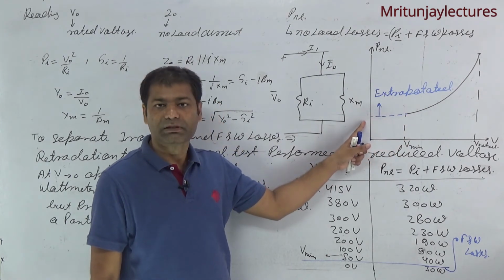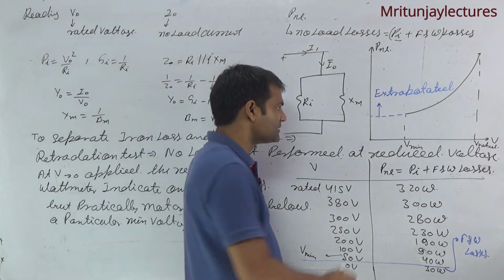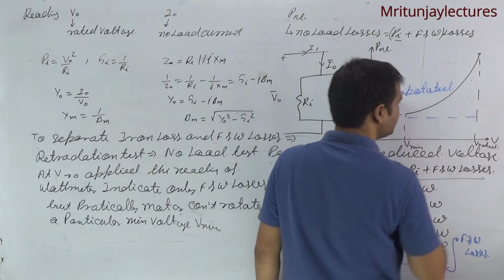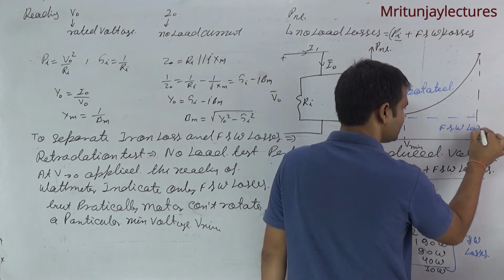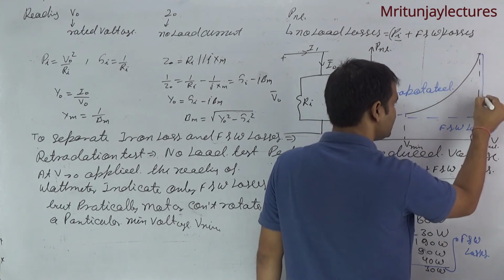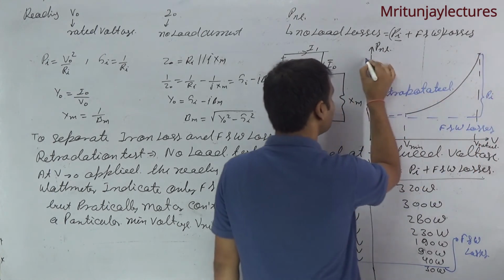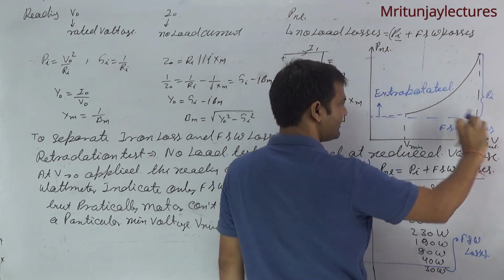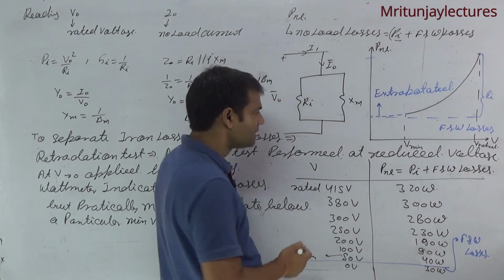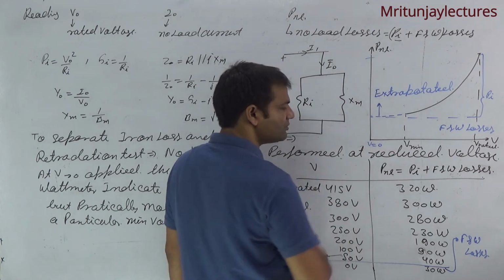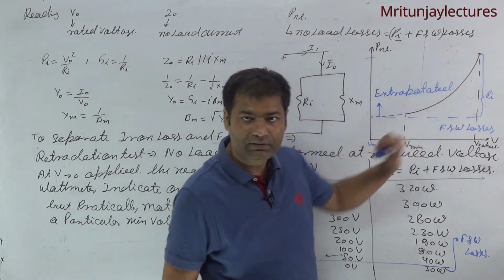It means corresponding to this, this is called friction and windage losses, and this one is iron loss. This total loss, iron loss plus friction and windage loss, is called no load loss at zero voltage, V equal to zero. This is friction and windage loss.